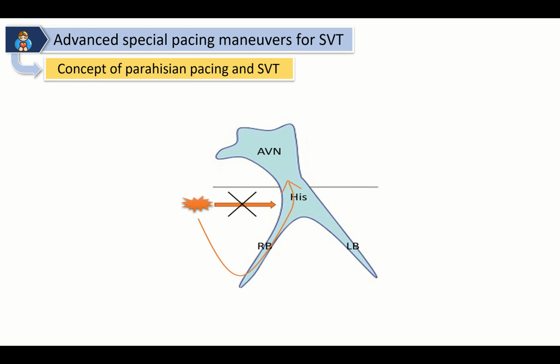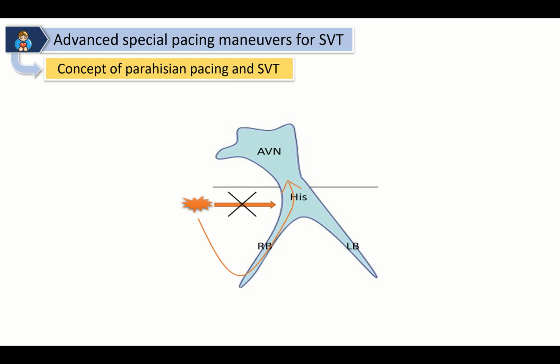Let's go to the last pacing maneuver, the His synchronous, the para-Hisian pacing. What is the concept of para-Hisian pacing and how does it help and guide us in discriminating nodal conduction in AVNRT and septal extranodal conduction in AVRT?